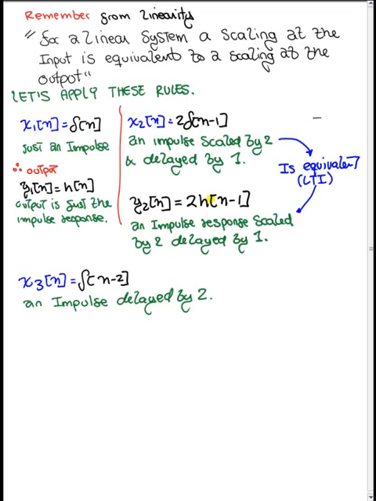That's the concept we are using. We can do the same thing for the input x3. An impulse delayed by 2 is equivalent to the output, in this case the impulse response, delayed by 2.